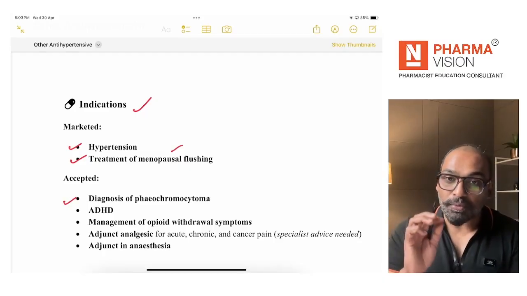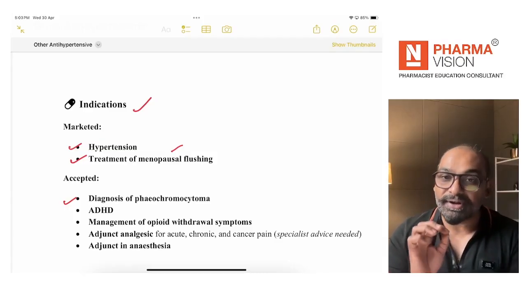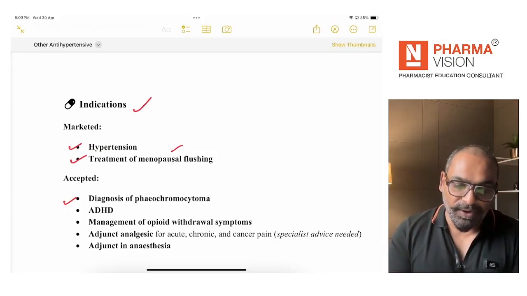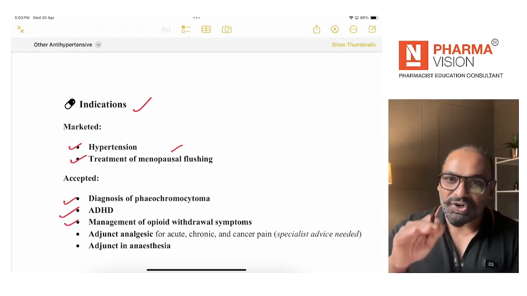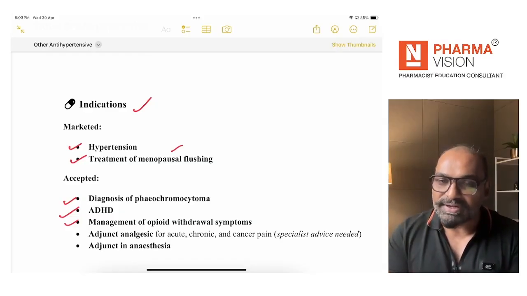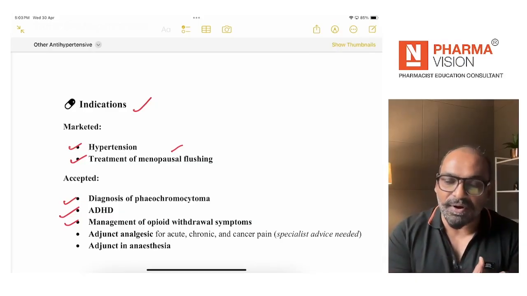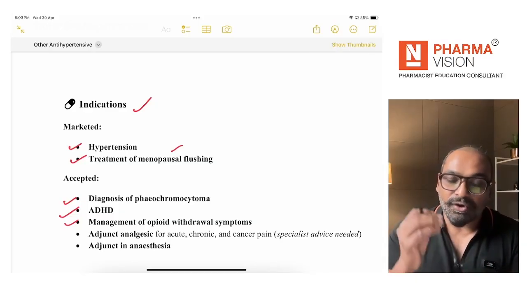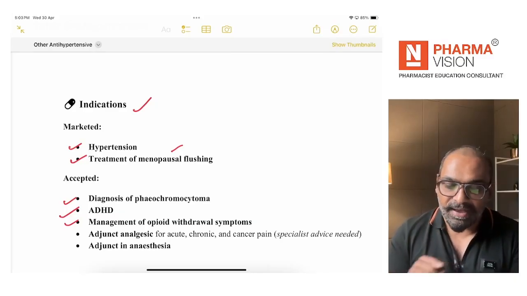Clonidine can be used in the diagnosis of pheochromocytoma. For ADHD, this medication can be used. For opioid withdrawal symptoms, those who are misusing opioids and want to recover from the opioid habit, Clonidine is the best medication for minimizing the associated withdrawal symptoms.